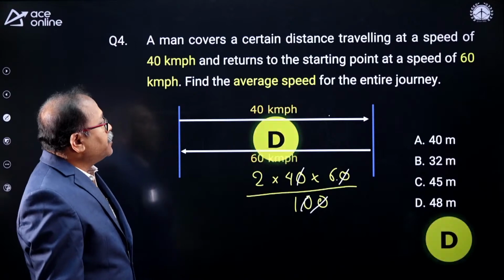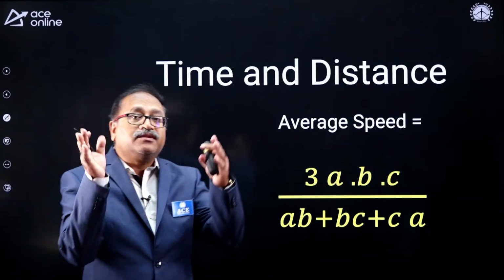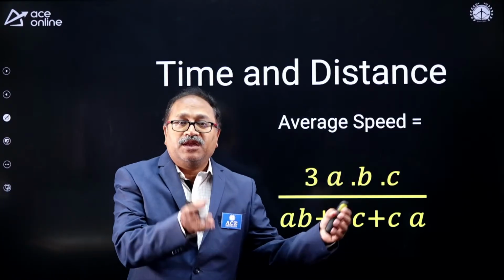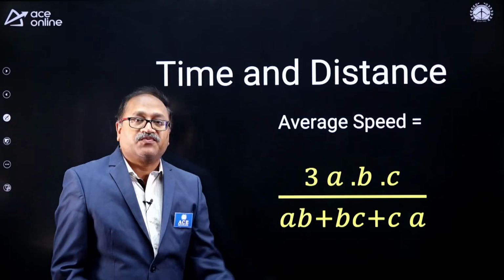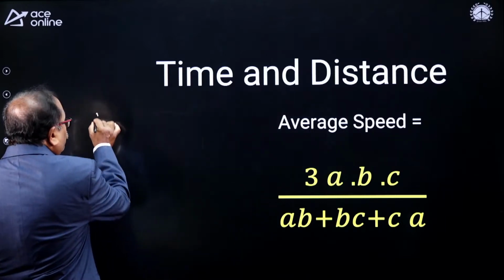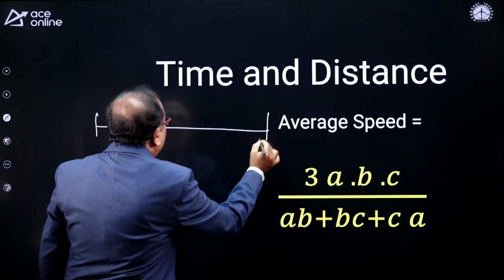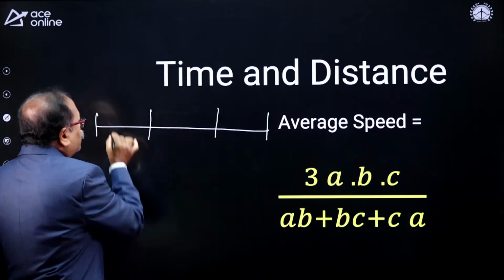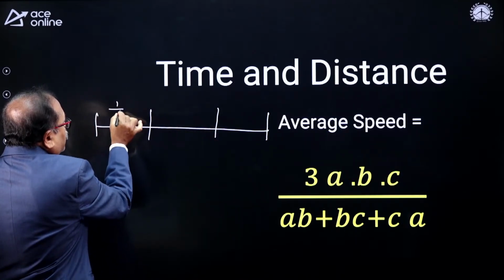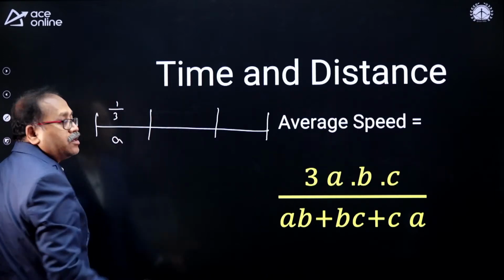Now, what if the total distance is travelled in 3 equal parts? We apply this formula. If the total distance is divided here, the first 1/3 of the distance is travelled with A km per hour.